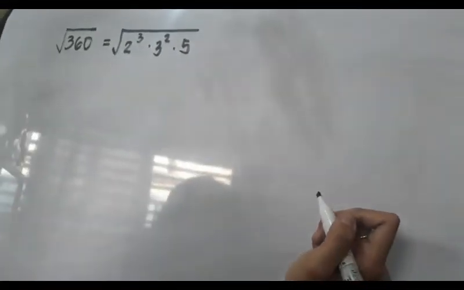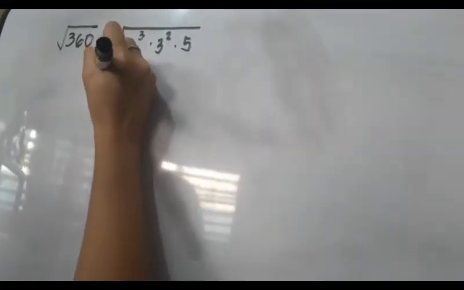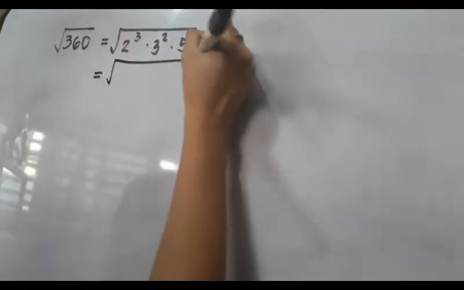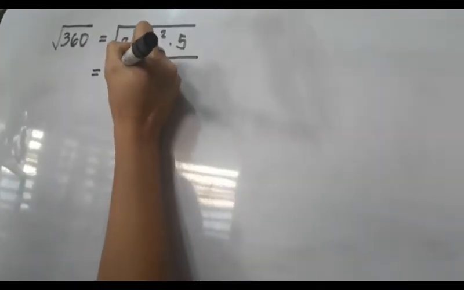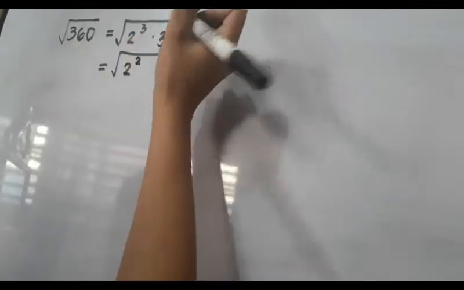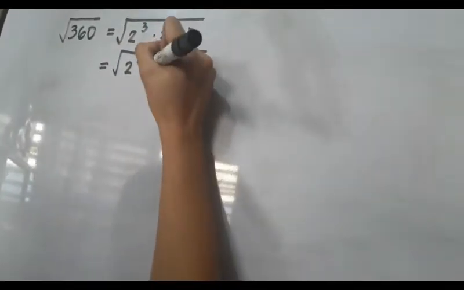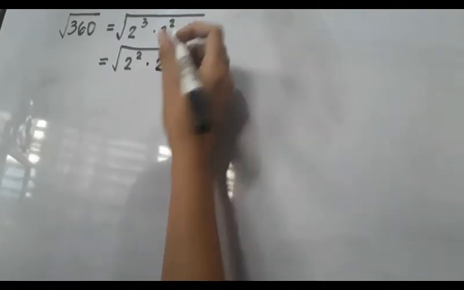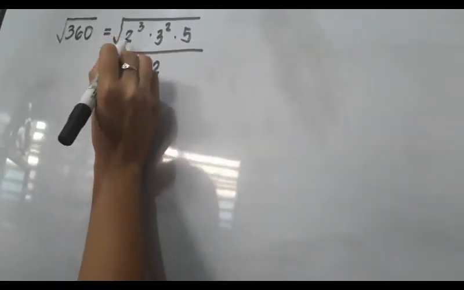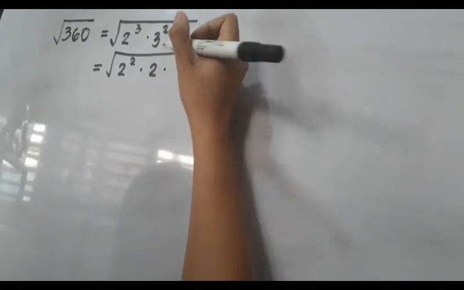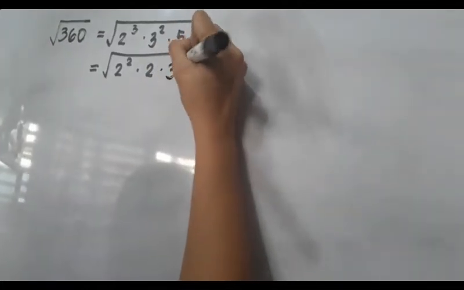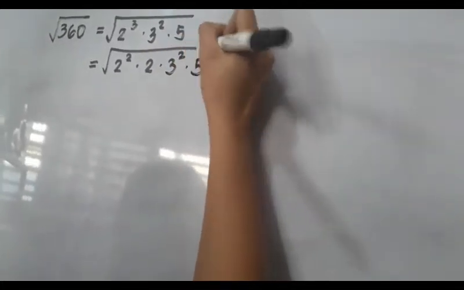So now we can rewrite this as the square root of 2 squared. We write this to cancel out easier. So 2 squared times 2, since 2 squared times 2 is equal to 2 cubed, times 3 squared times 5.